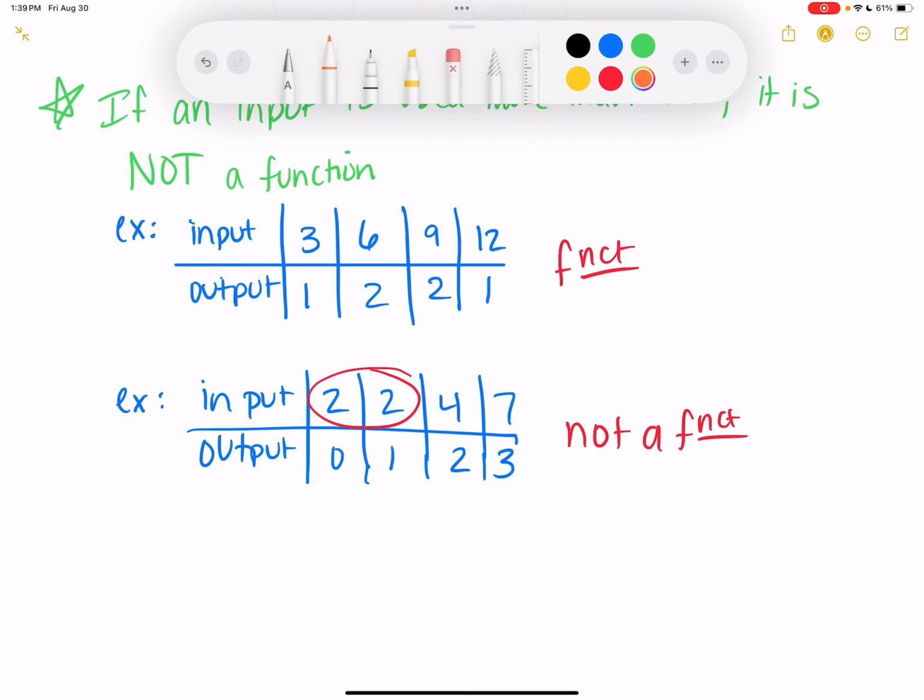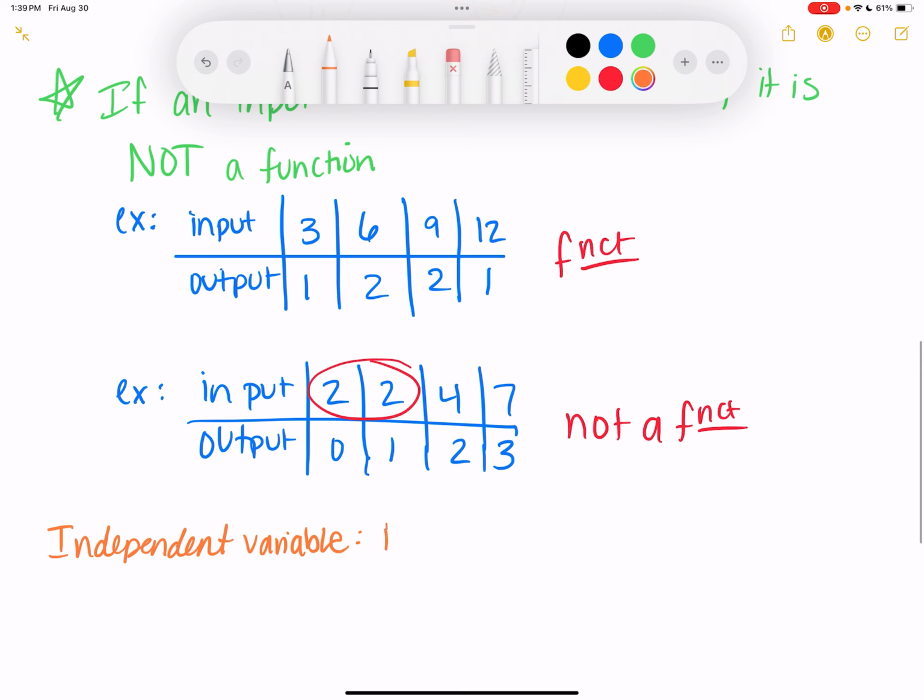All right, a couple more definitions. An independent variable is going to be your input value. This is what is being changed. So that's your x values.